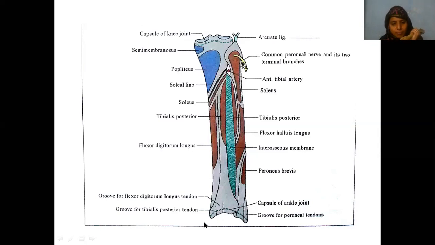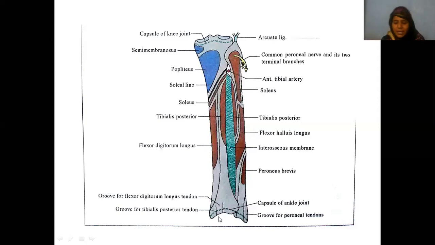Now, when you just look at the posterior aspect, you will find 2 faint lines, which are actually helping for the passage of 2 tendons. Medially, you will have the passage of the tendon of tibialis posterior, and laterally you will have the passage for the tendon of flexor digitorum longus. They are crisscrossing: the lateral one is coming medially and the medial one is coming laterally.